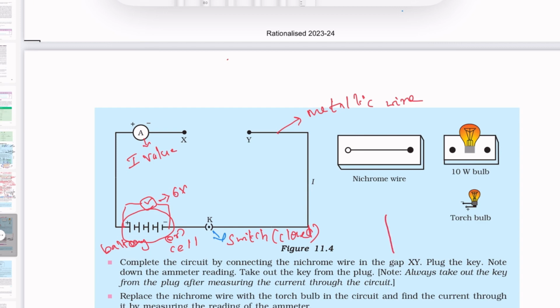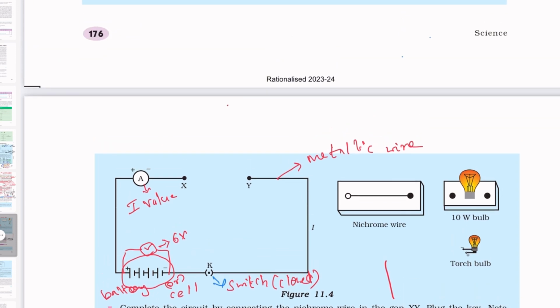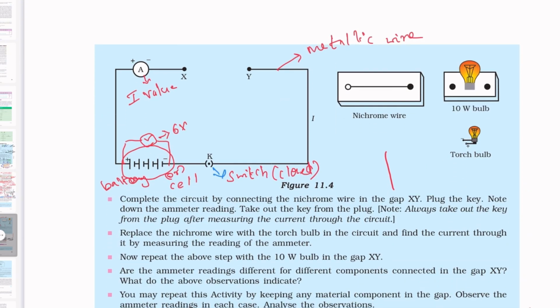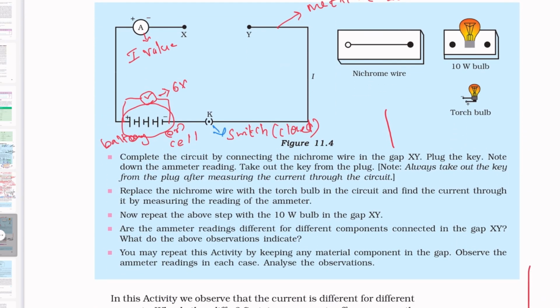This activity is mainly to say that different materials or different substances will carry different current, or it will show different ammeter readings. So current is different for different components. That is what this activity in figure 11.4 shows.